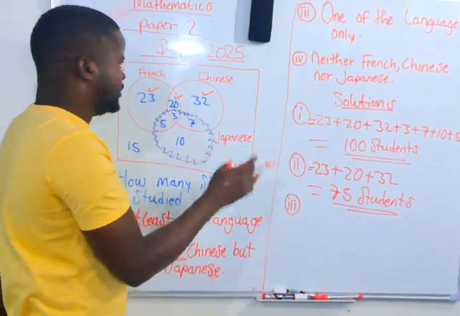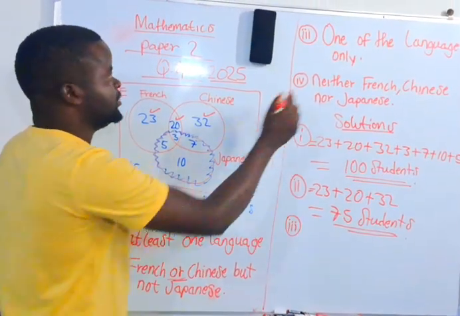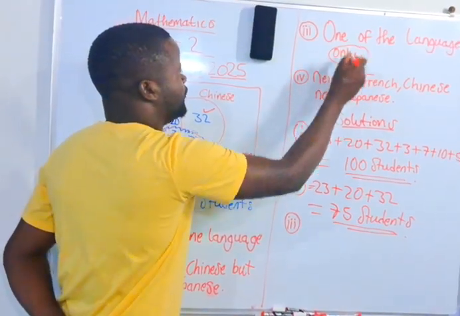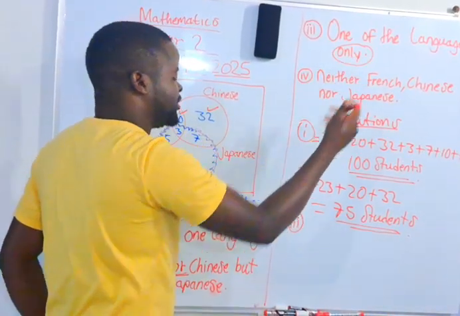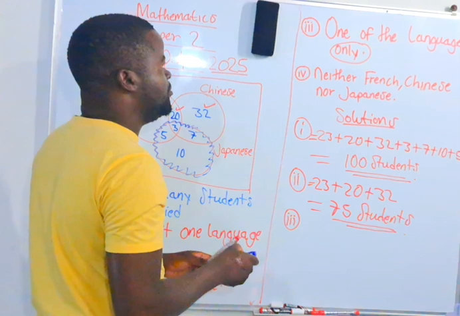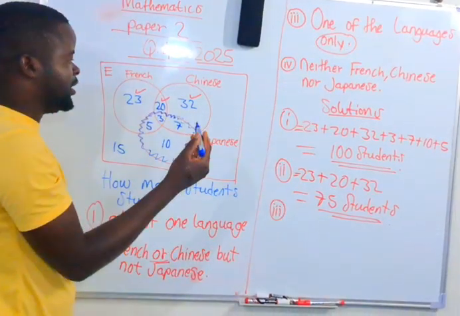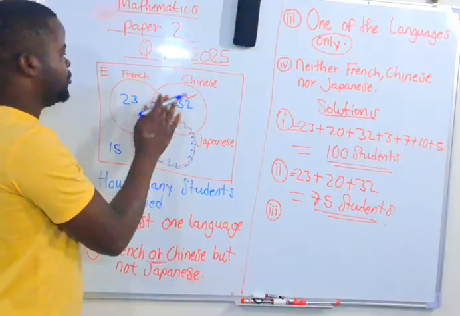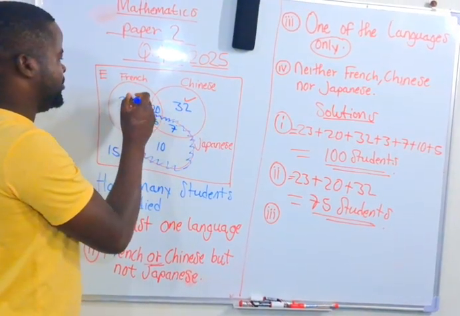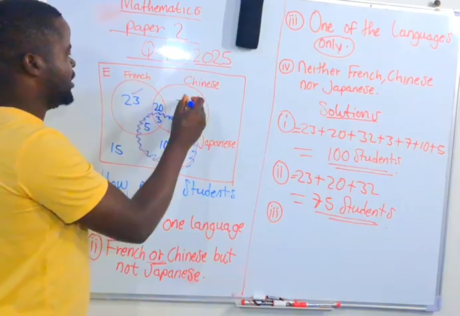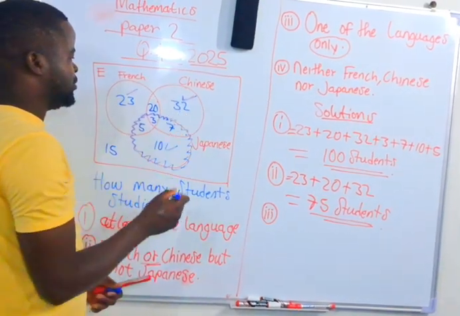This one is saying, how many students studied one of the languages only? With the inclusion of the word only, this one is very simple to understand. How many students studied one of the languages only? We are only going to pick the following numbers. Number 1, we will consider 23, and we are going to consider 10, as well as 32.